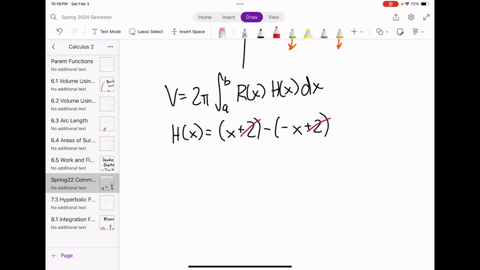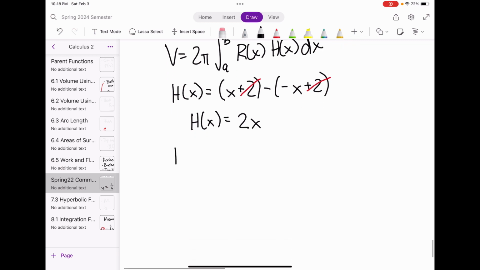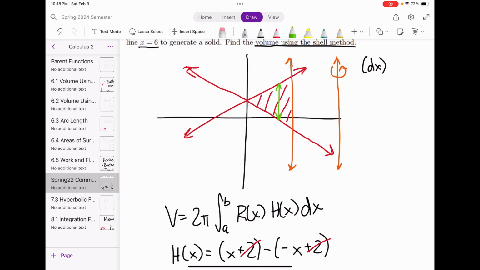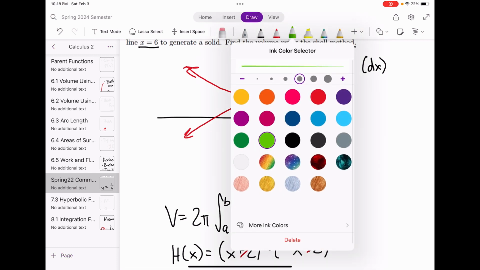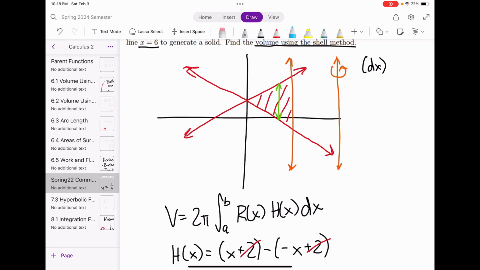That's going to cancel, that's going to cancel. So h of x is equal to 2x. Pretty straightforward. R of x is the difference, and I'll use blue for this one, from the axis of rotation to the graph. So in that case, it's going to be like that.